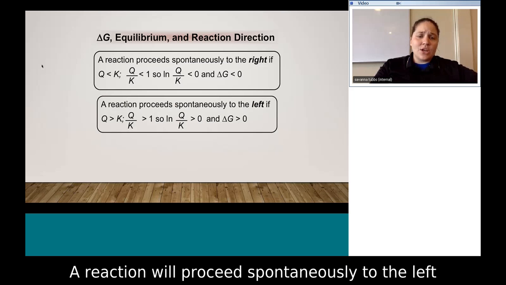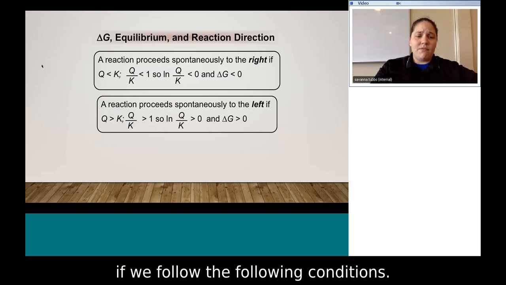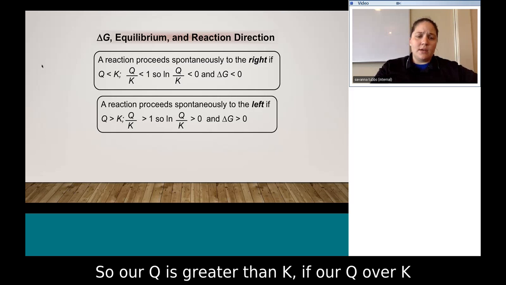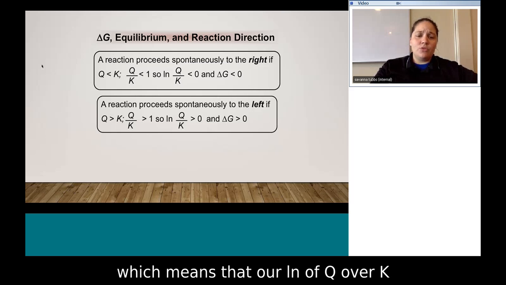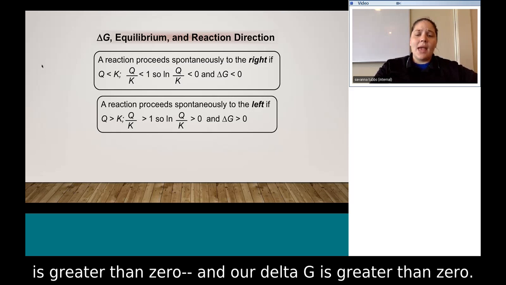A reaction will proceed spontaneously to the left if we follow these conditions. Our Q is greater than K. If Q over K is greater than 1, which means that the ln of Q over K is greater than 0, and our delta G is greater than 0.